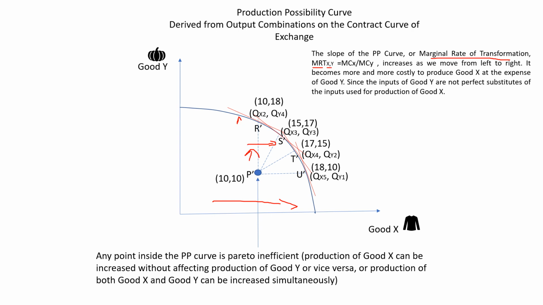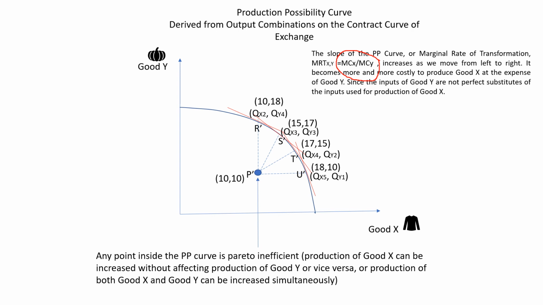The other aspect regarding the marginal rate of transformation is that mathematically speaking, it is equal to the ratio of the marginal cost of x to the marginal cost of y. So the amount of sacrifice that you need to make of y per unit of x is equal to the ratio of the marginal cost of x to the marginal cost of y.